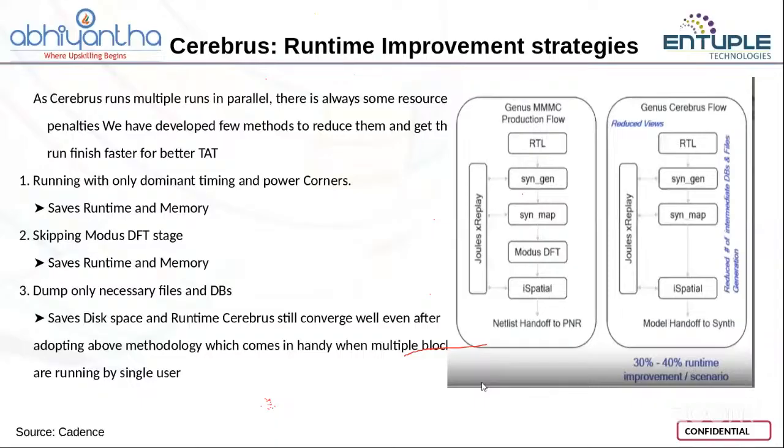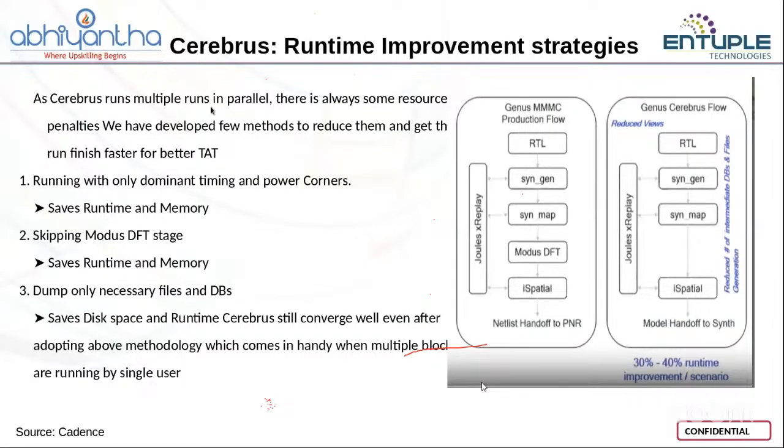Previously it was this process, the old one. Now after Cerebrus was added, with RTL generic synthesis and synthesis mapping, you can see a reduced number of intermediate databases and files between your mapping database and the spatial database. This produces 30 to 40 percent runtime improvement in the entire RTL to GDS flow.